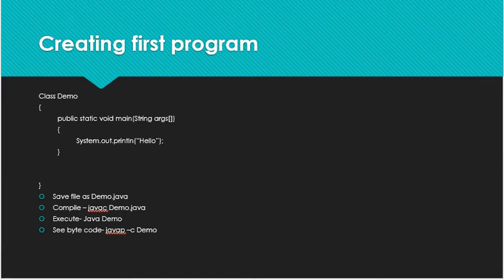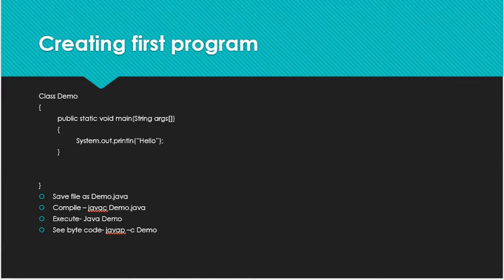From the command prompt, you have to go to the actual location where you have saved the file, and for compilation you have to write javac, space, the file name dot java. Here Demo.java is our file name, and we have to compile that file with the command javac Demo.java.